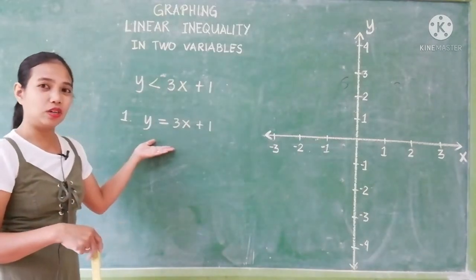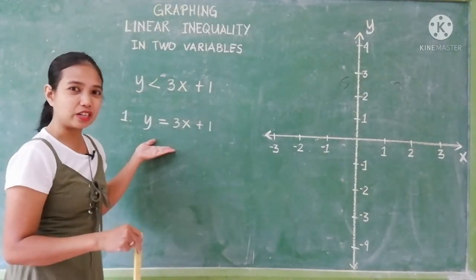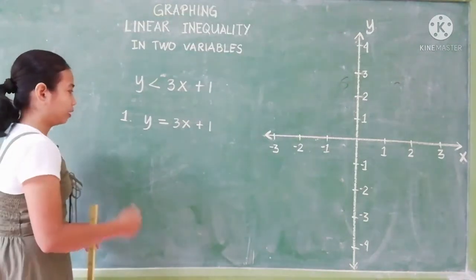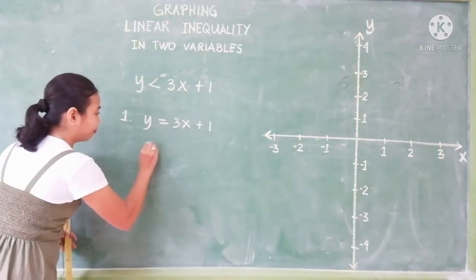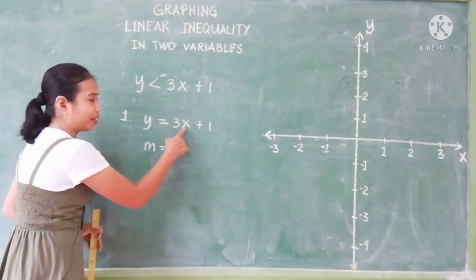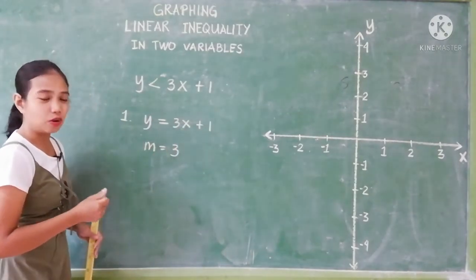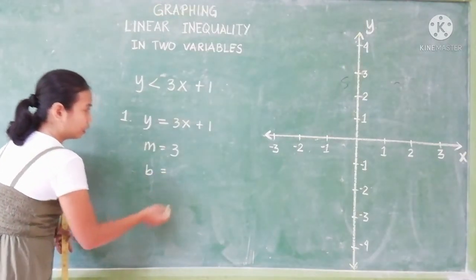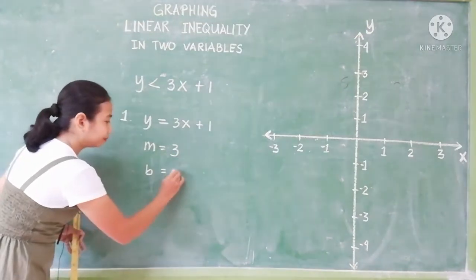Sa form na ito, madali natin ma-identify kung ano ang slope at kung ano ang y-intercept. Okay? And here, the slope m is equal to 3. Kung ano ang kasama ng x, yun ay ang value ng slope. And the y-intercept b is equal to 1. Okay?